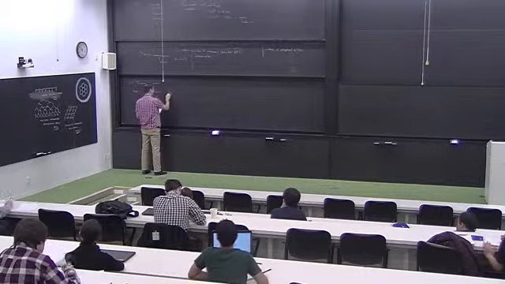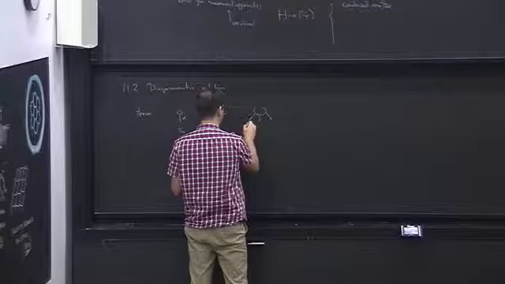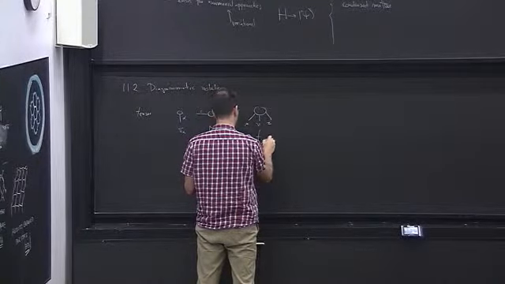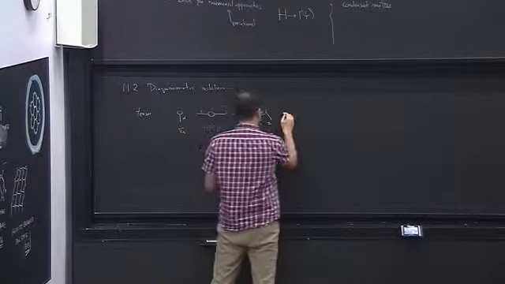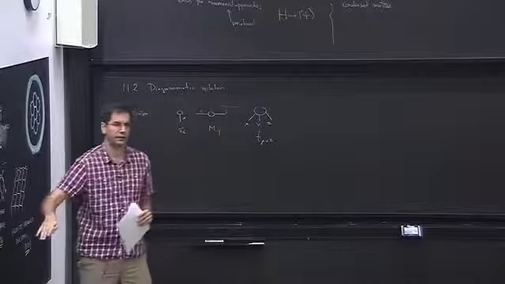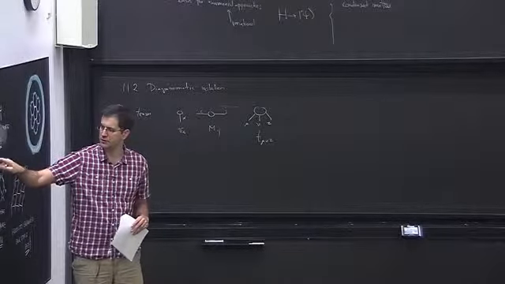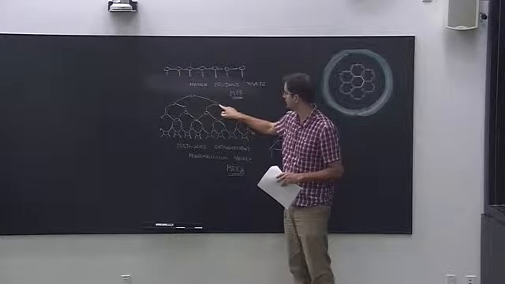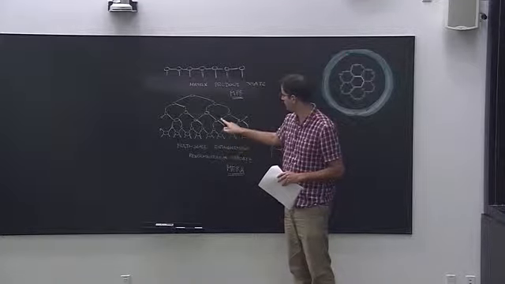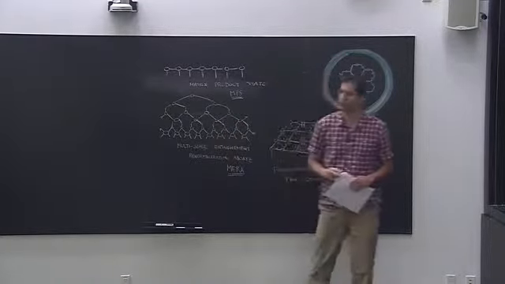Three legs, etc. Okay, so we want to understand what these drawings mean. And the first thing I say, every time you see a circle with a number of legs, that's a tensor. In this case, this tensor has three legs, so three indices. And this one has four indices, and so on. Okay?